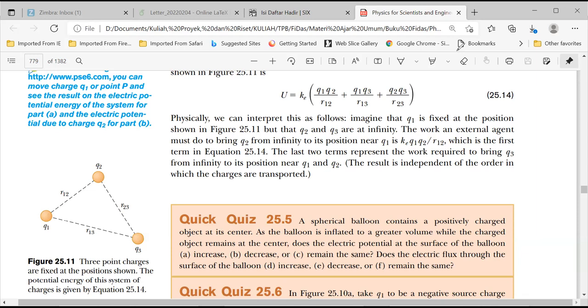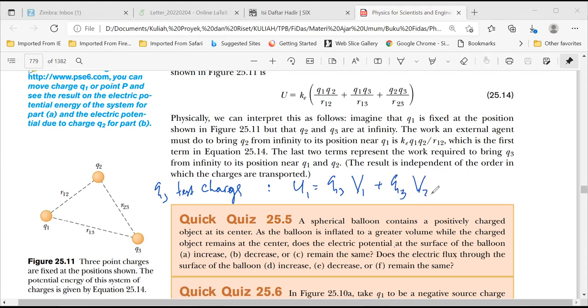If we choose Q3 as the test charge, you will get U1 equals Q3 times the potential caused by Q1, plus Q3 times V2.